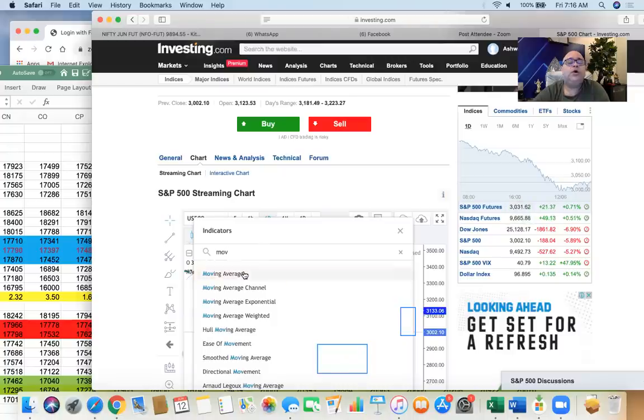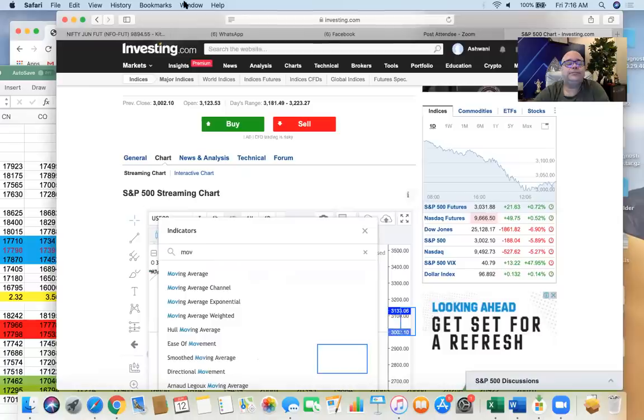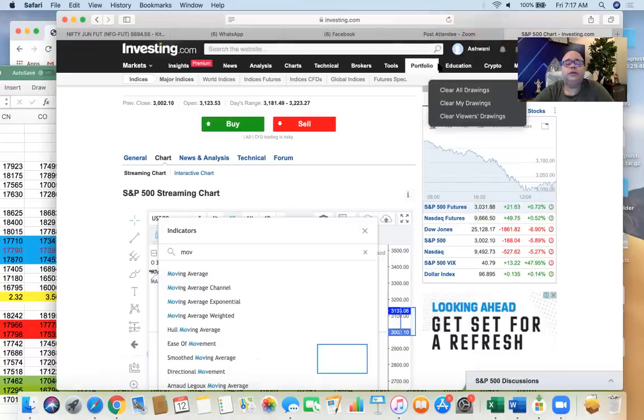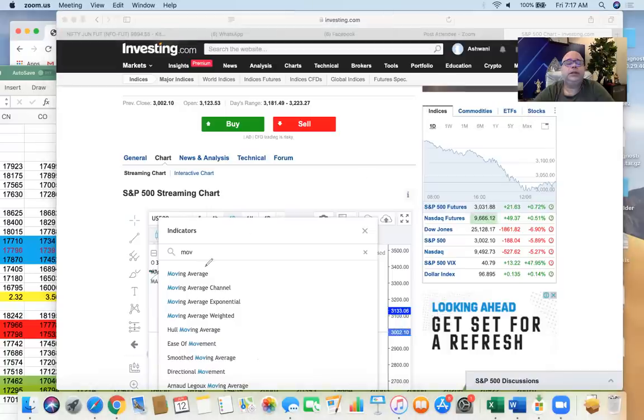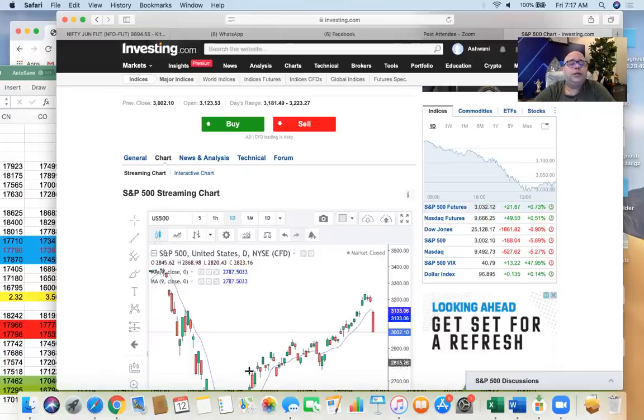If I try to draw a moving average, so this is the 9-day moving average. Earlier we have come below the 9-day moving average and then have gone back above it.